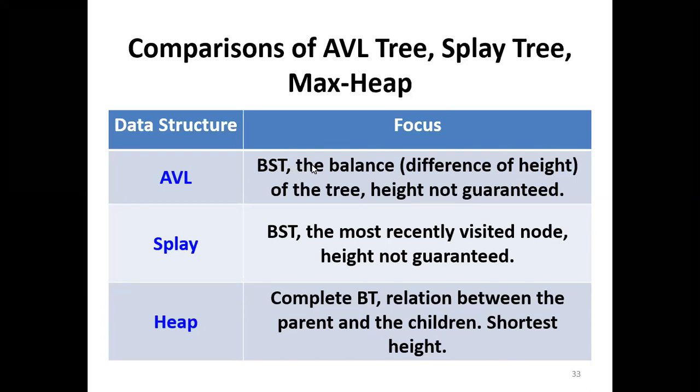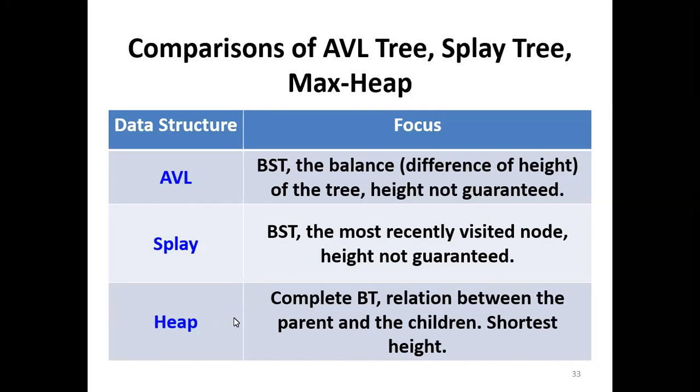And we perform operations which focus on the balance factor to restore the tree to the normal properties, to retain the AVL properties. But the splay tree is also a binary search tree, and most of the time, the focus is on the most recently visited nodes.